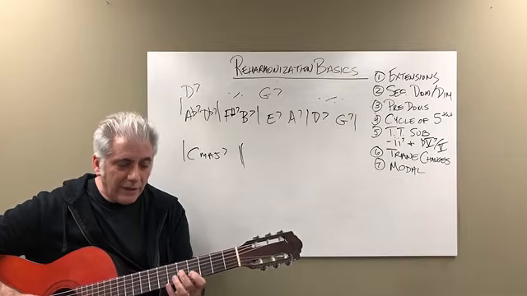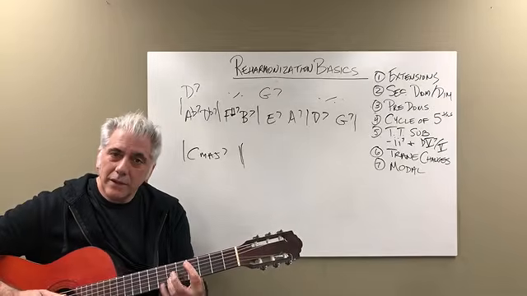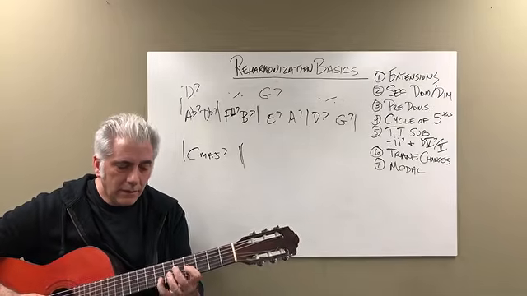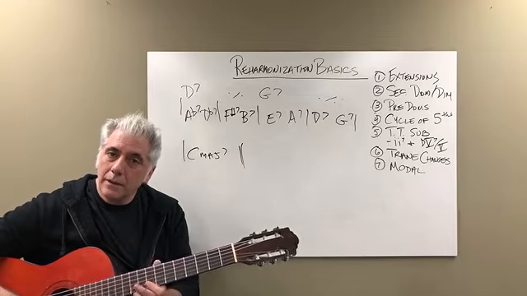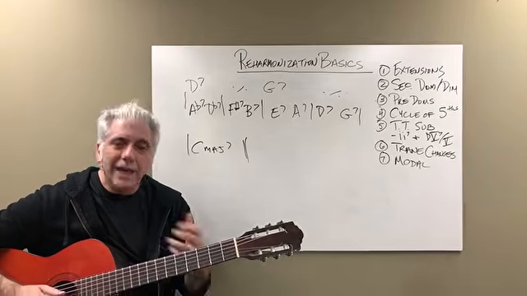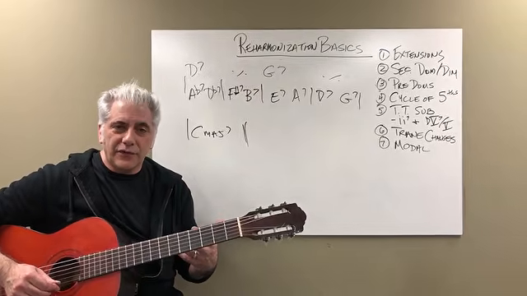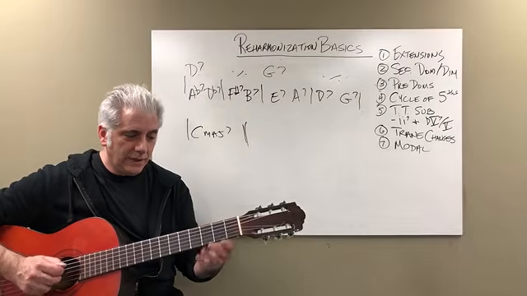Okay, so that's A flat 7. Then, okay, so I am playing lines through the cycle of fifths over those chord changes there, okay?